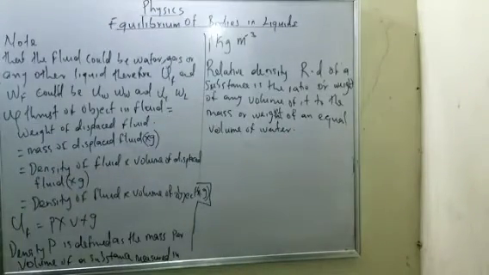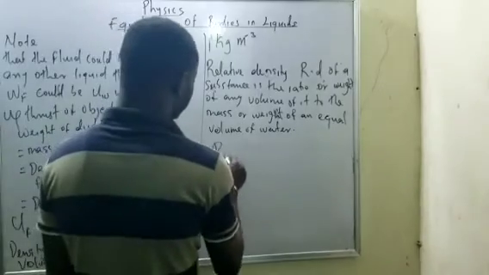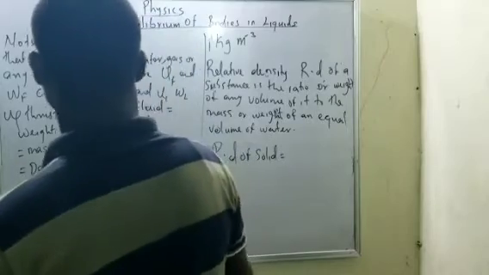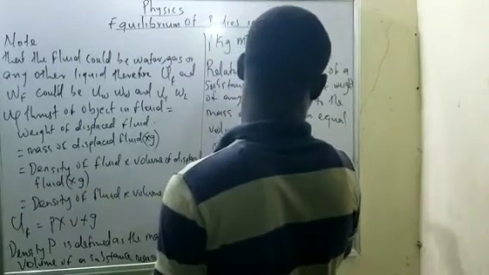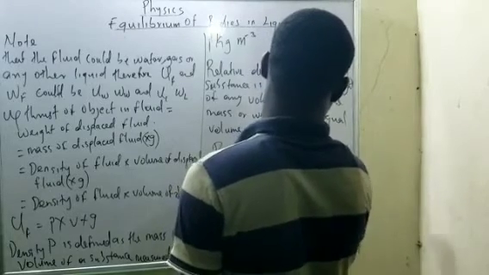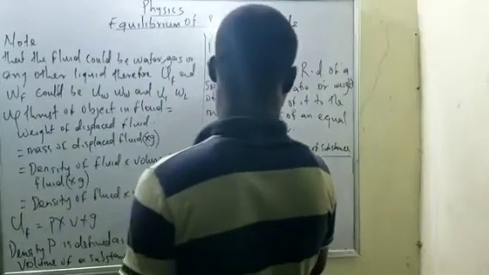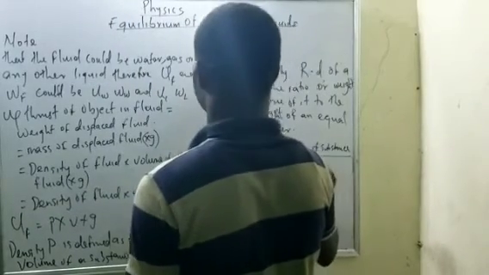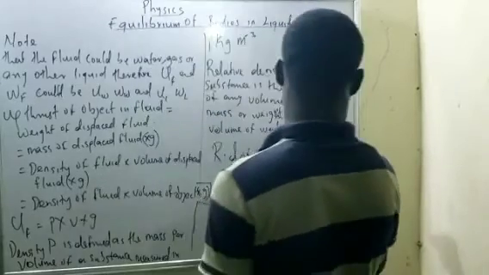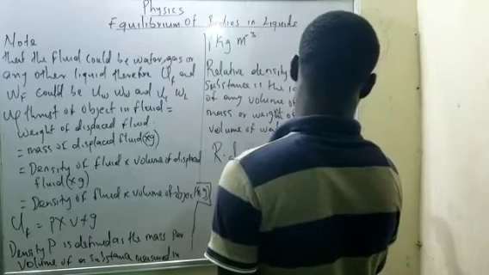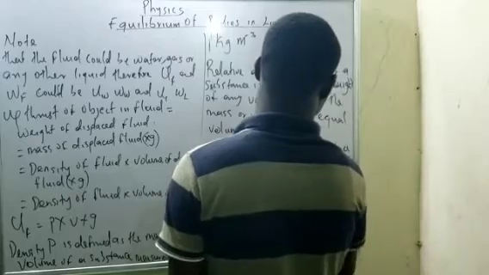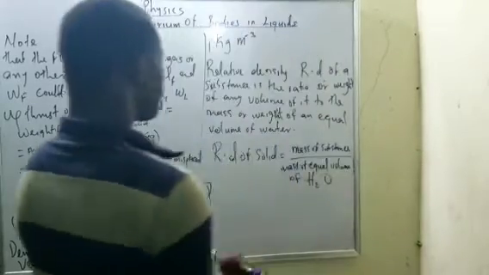Now, what I'm trying to say here is that my relative density of solid equals mass of substance divided by mass of equal volume of water. Let me use H2O: equal volume of water.